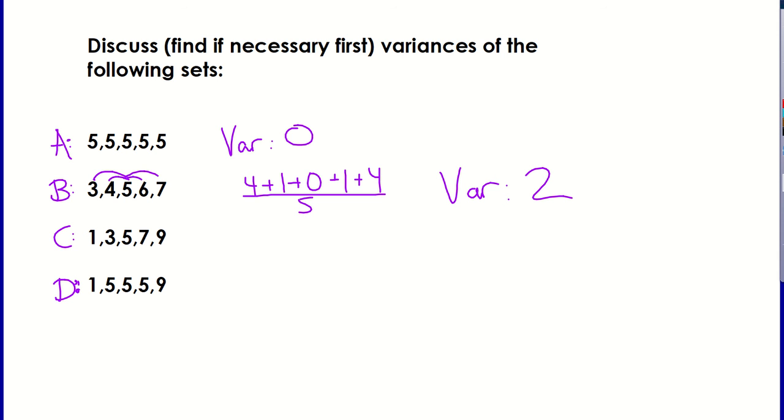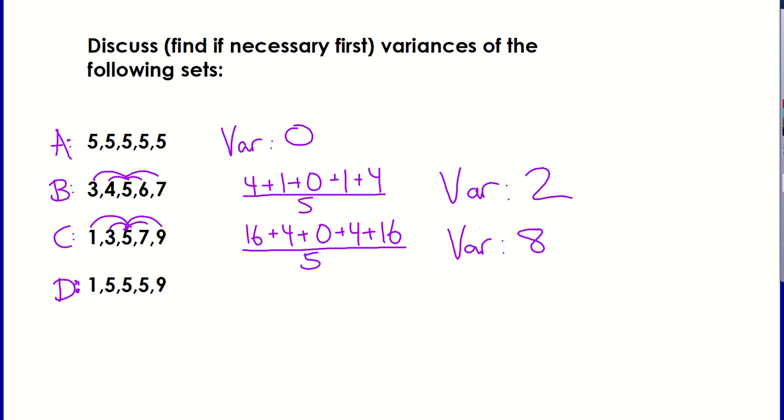In set C, they would vary by 4, 2, 2, and 4. So I would have 16 plus 4 plus 0 plus 4 plus 16 divided by 5. This set would have a variance of 8. And then in set D, the mean is also 5. They vary by 4 and then 0, 0, 0, and 4.